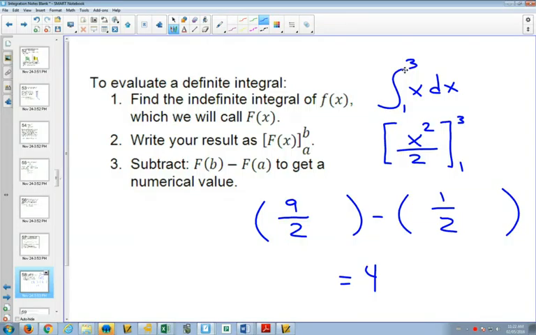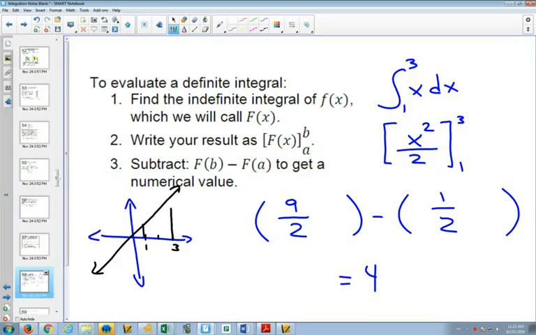Graphically, we can see what this is because we chose such an easy function. y equals x is just this diagonal line through the origin, and we're trying to find the area right now between 1 and 3.